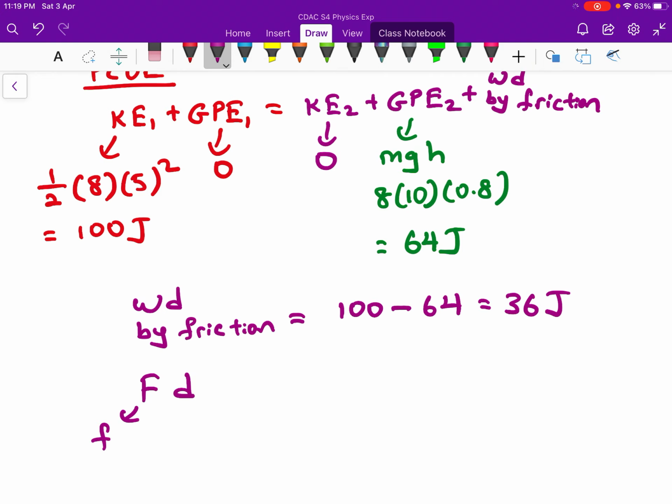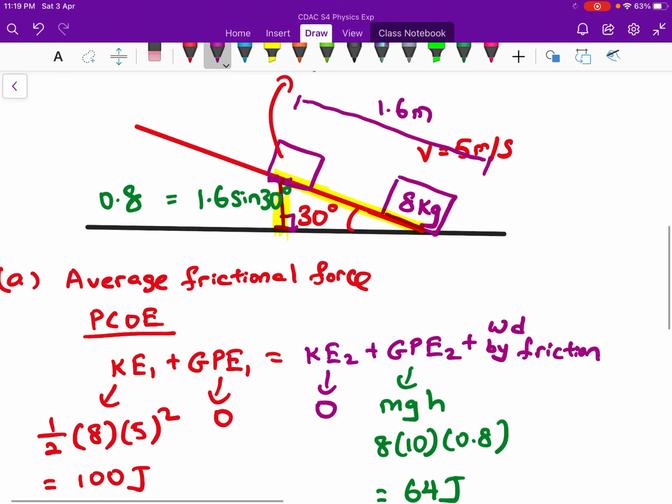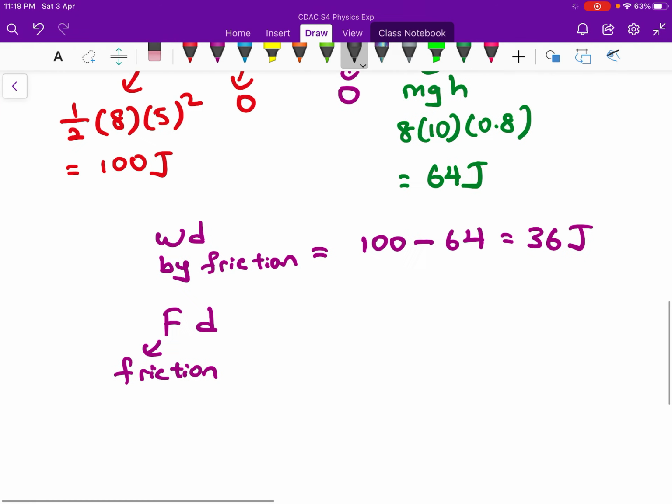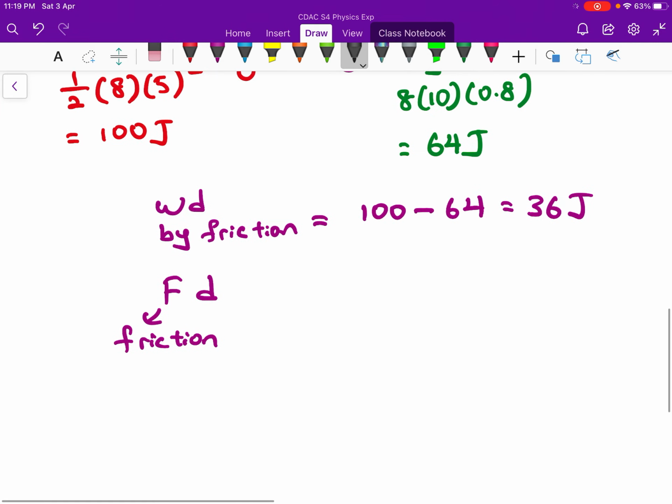You can see when my box slides up, the friction is acting on this particular surface, so the distance over which friction acts is 1.6 meters. The work done we have calculated is about 36 joules.